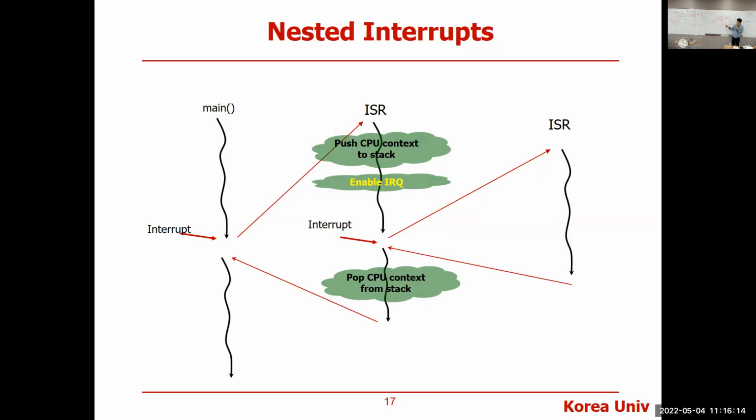But at this point LR contains B, not A, because that call is updating the link register with the new information. So if you execute this, you are going back to this location, not that location. So what do you have to do? Before you make a function call, you have to push the link register to the stack, and pop afterwards. Push and pop, because that call is updating the link register.